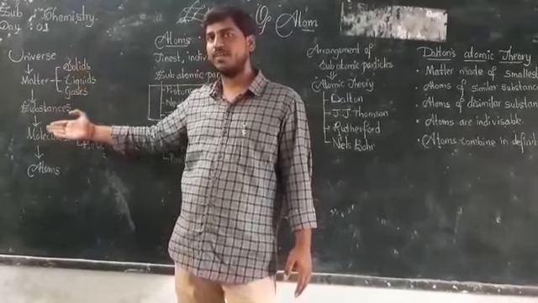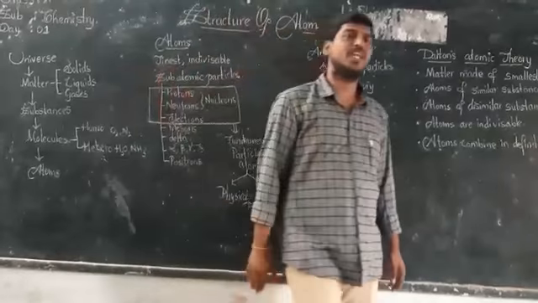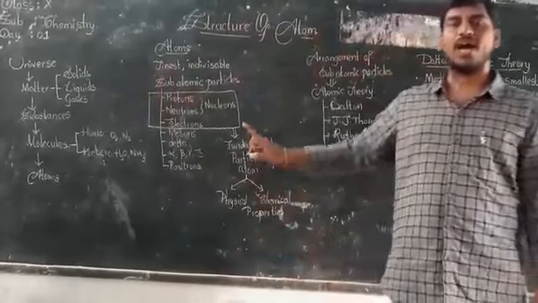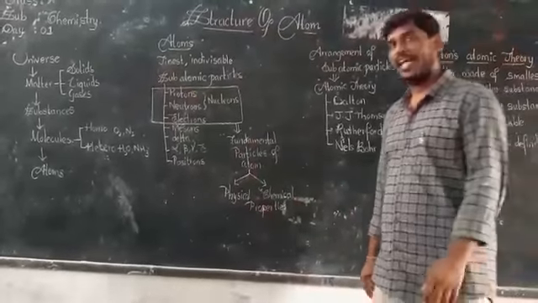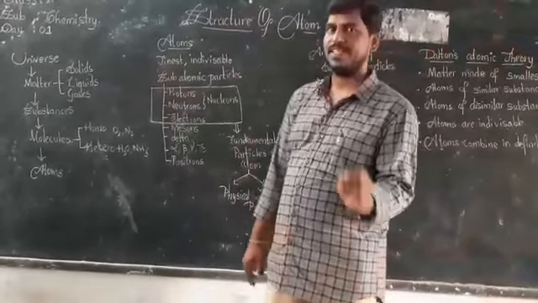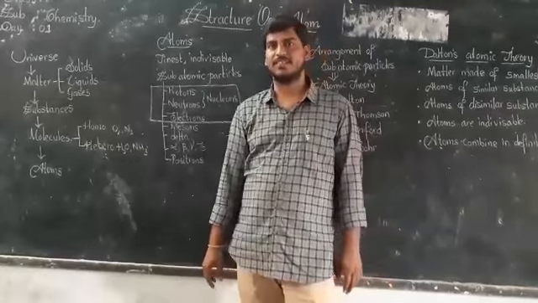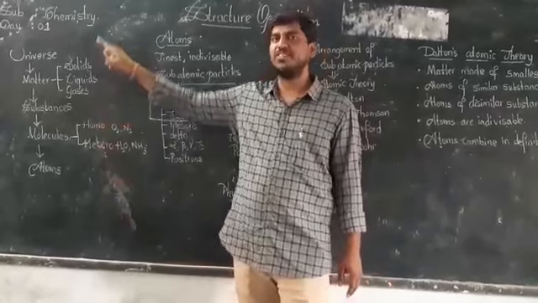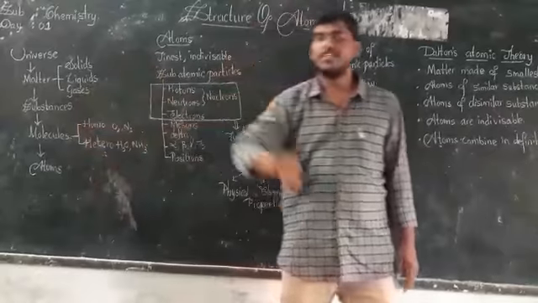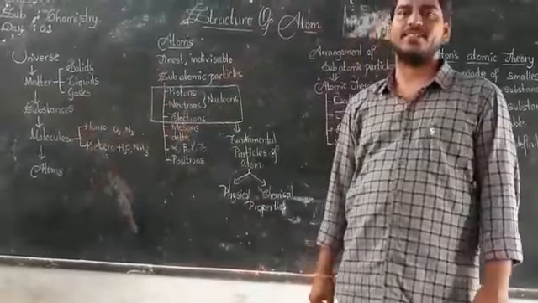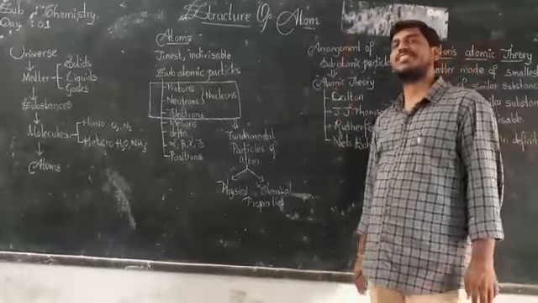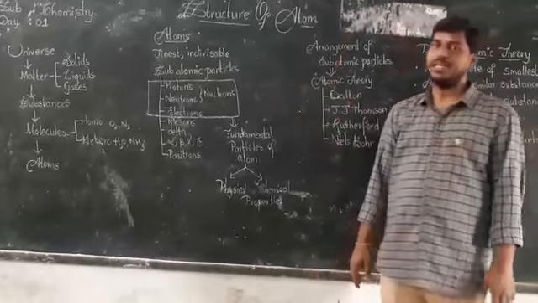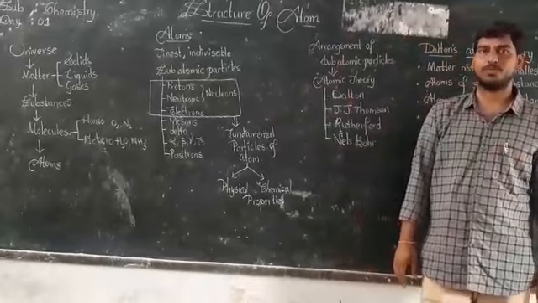When I divided molecules, I got atoms. Now I am unable to divide the atom. Therefore, I can conclude that atoms are the smallest particles, and the whole universe is made up of this smallest particle, the atom. In this topic, we will disclose the structure of that smallest particle.